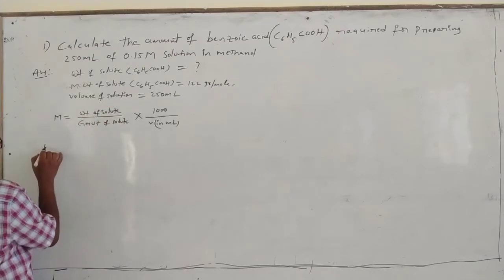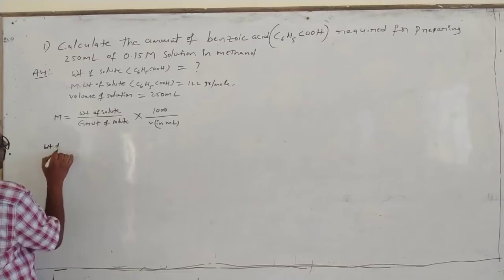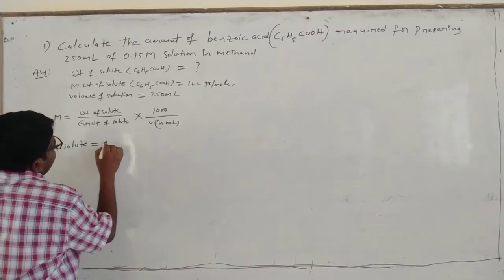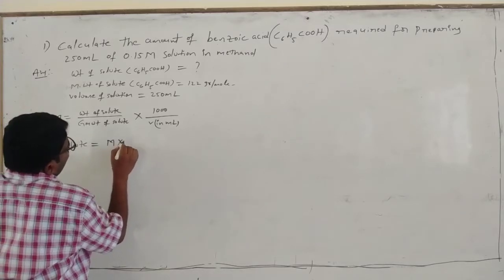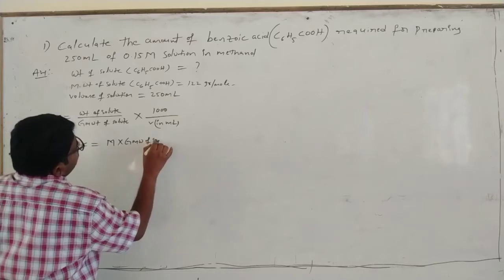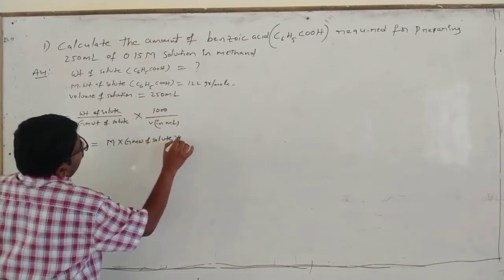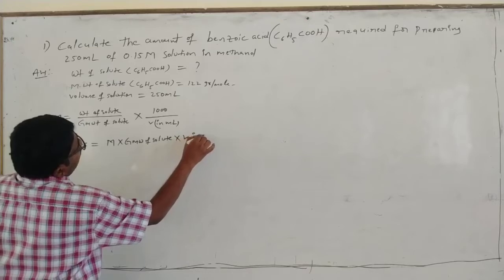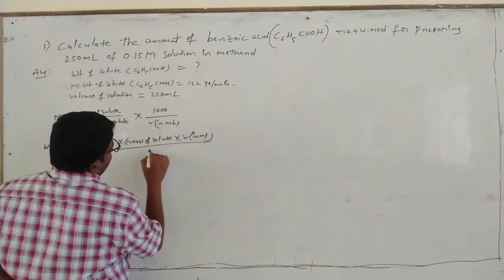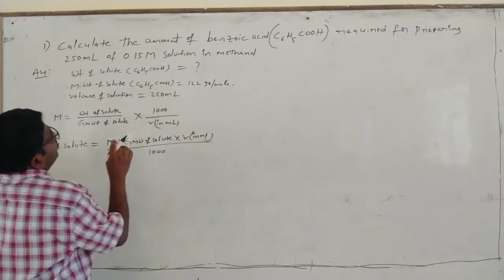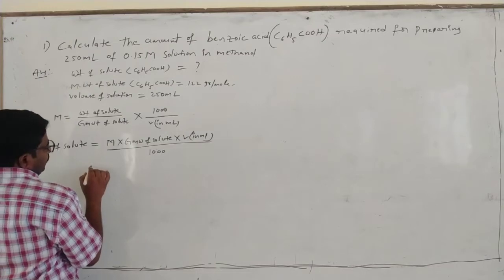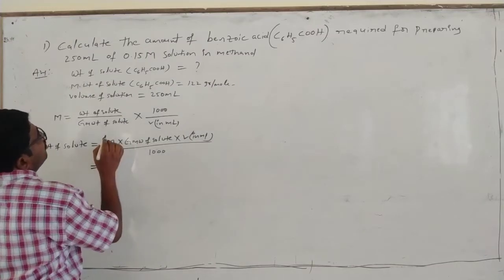So now we can write weight of solute is equal to molarity into gram molecular weight of solute into volume in ml by 1000. Now substitute all the related values. Here weight of solute is equal to, molarity is how much?